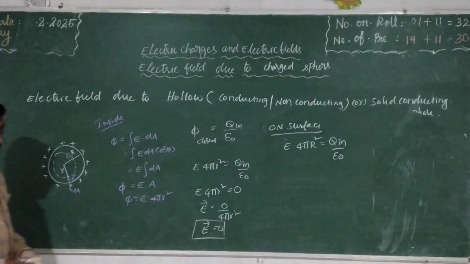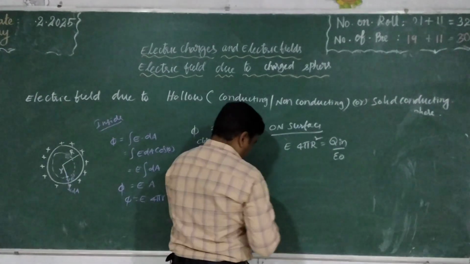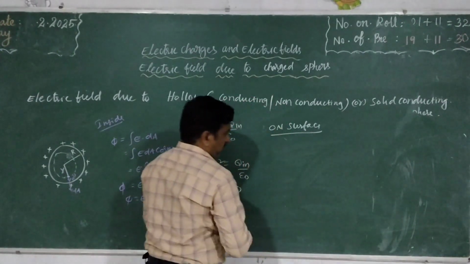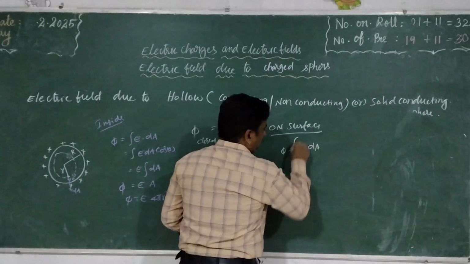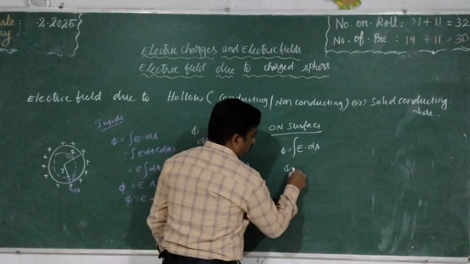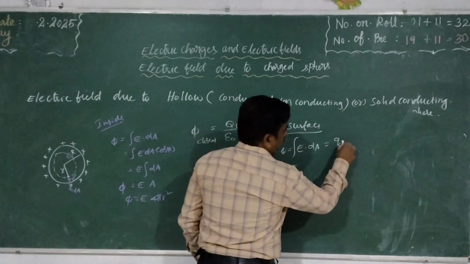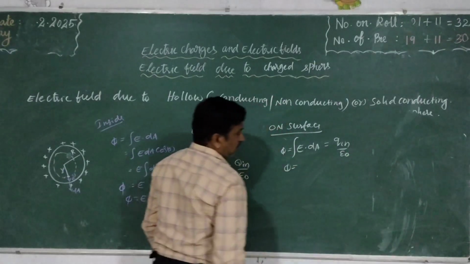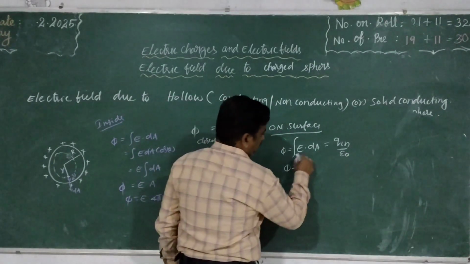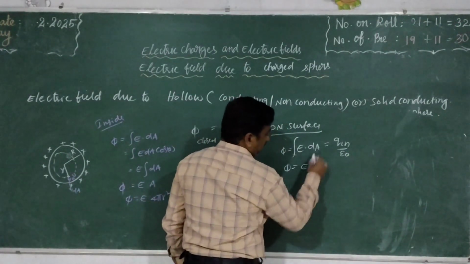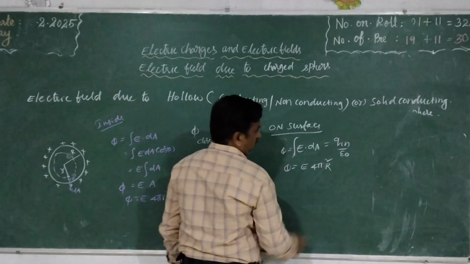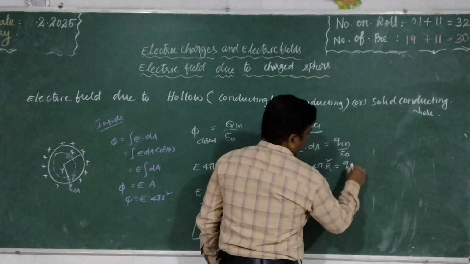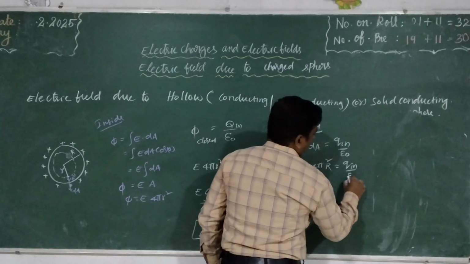So the flux through the surface is phi equal to integral of E dot dA, and that equals charge inside by epsilon naught. E dot dA means E times the integral of dA, which is 4 pi capital R squared, equal to q inside by epsilon naught.